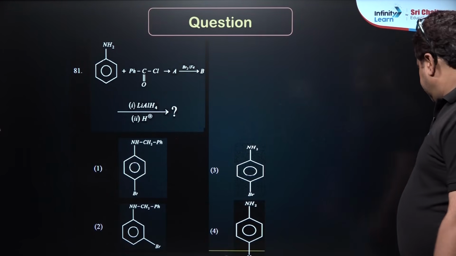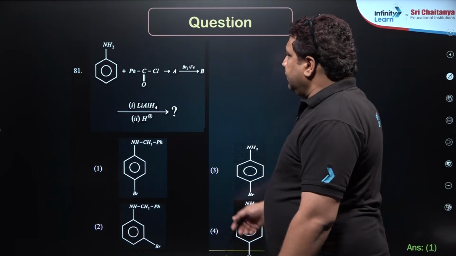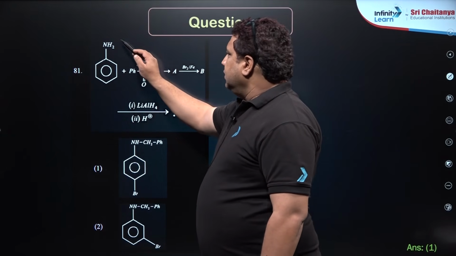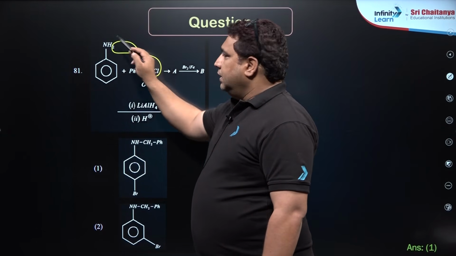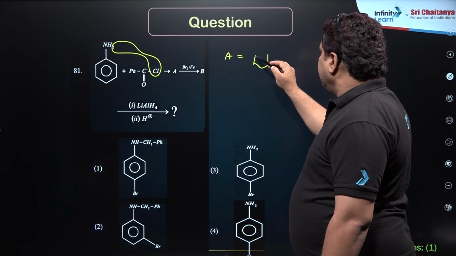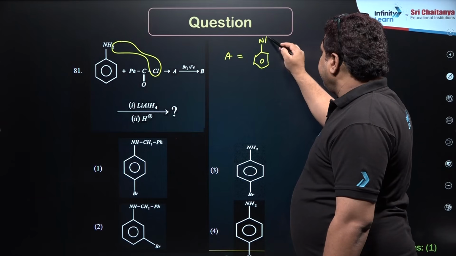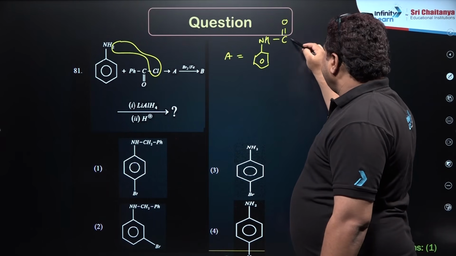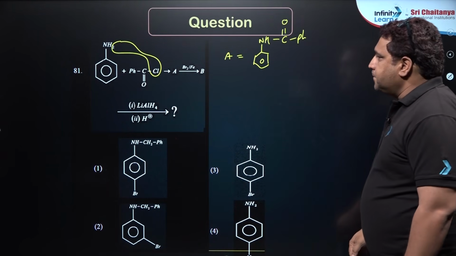Right now, everybody can see that in the first step HCl is lost. So option A will be right.